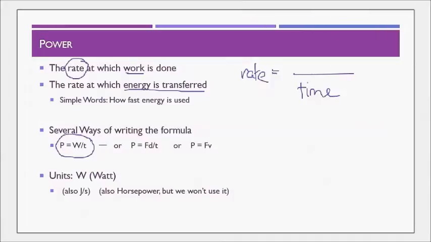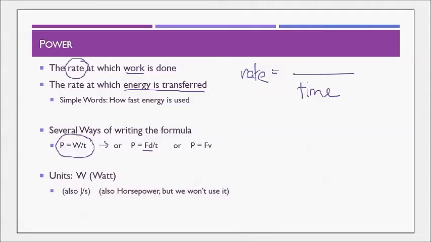Now we've got some other equations, so let's see how we get those. Work is also force times distance, so we can also write the equation for power as force times distance divided by time. And since distance divided by time is velocity, we can also write it as force times velocity.